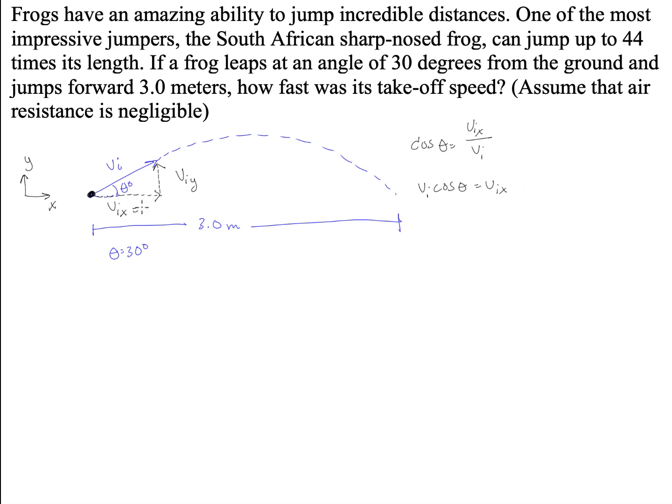So this, I can fill in right here, Vi cosine theta. Similarly, I know that the sine of this angle theta is equal to the opposite, which is Viy, divided by the hypotenuse, which is Vi. And again, if I multiply Vi by both sides, I get Vi sine theta equals Vi in the y direction. So I can plug that in over here.